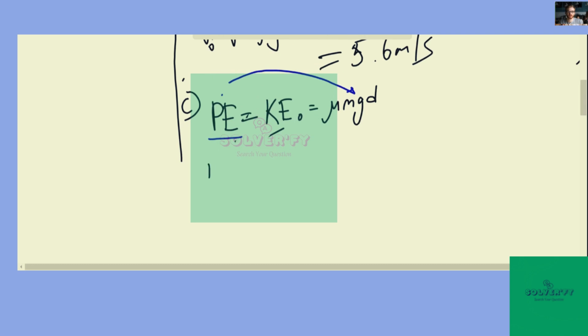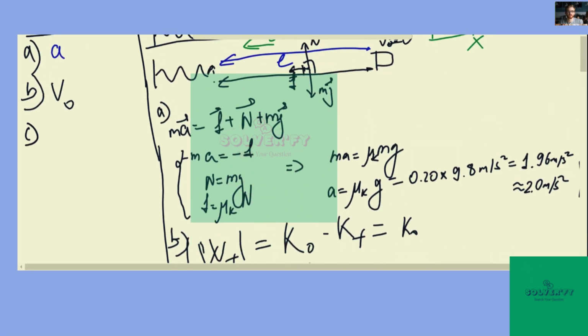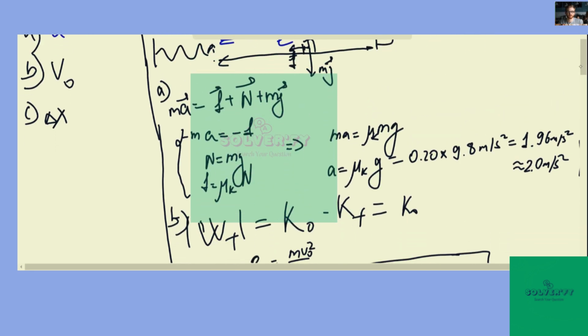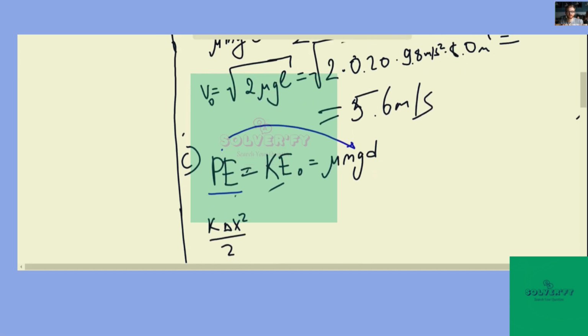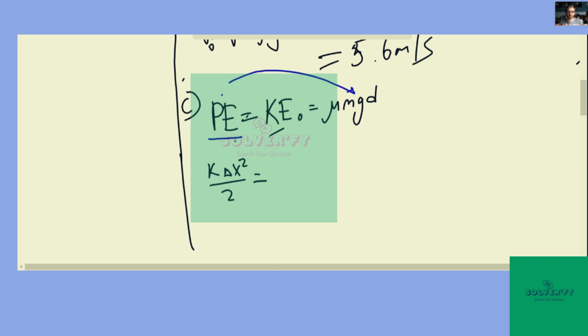So k delta x squared over 2, and here we have to calculate delta x. k delta x squared over 2 equals mu m g d. Then delta x equals the square root of 2 mu m g d divided by k.